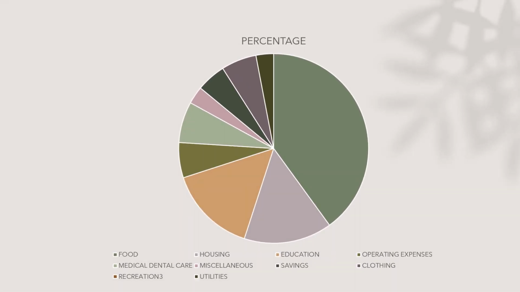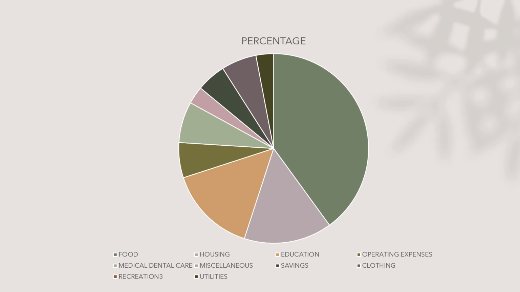Now, this is just a graph of the components of our family budget, and the pie chart is divided into percentages, having food as the one that receives the biggest chunk of the budget because this is the most important part, the basic needs. You need to have food in order for the organism to survive.